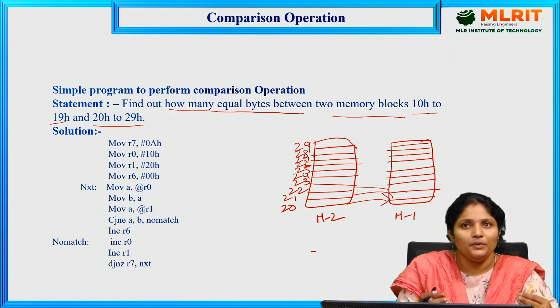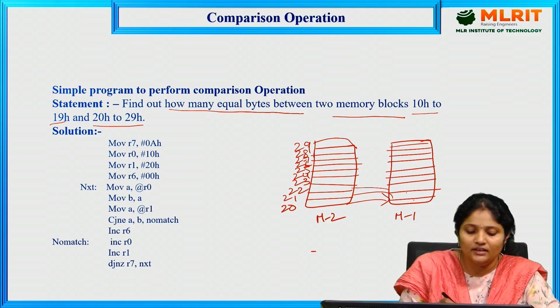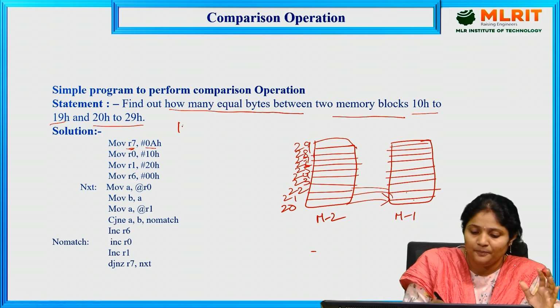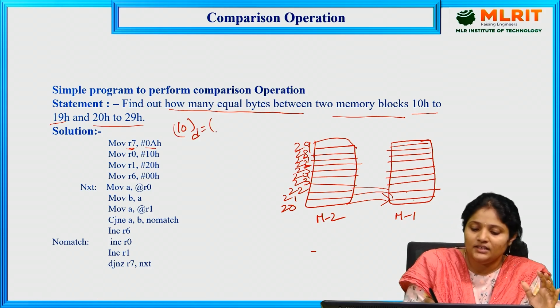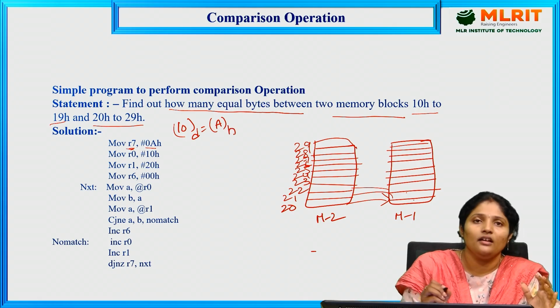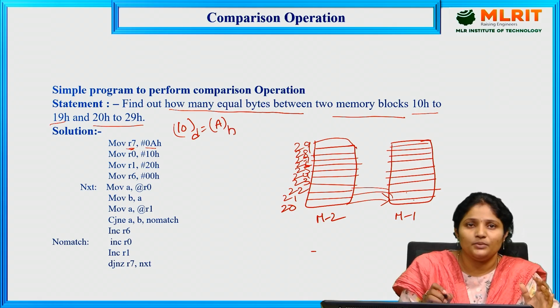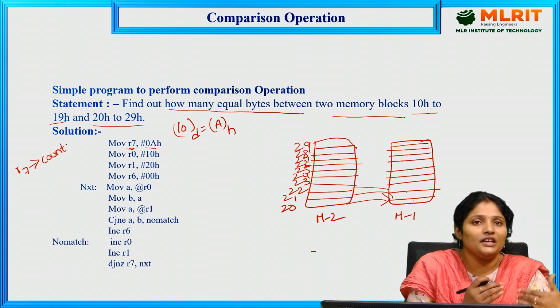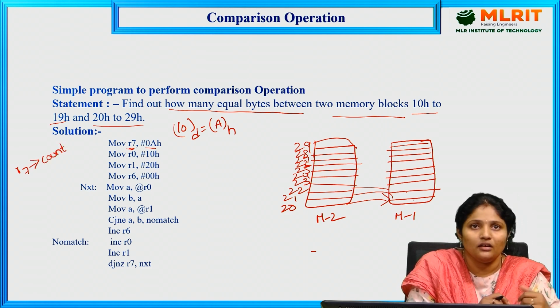We need to keep it in a loop that executes 10 times. That's why I'm taking the count in R7 as 10 decimal, which is equivalent to A in hexadecimal. R7 is used to keep the count of how many times the loop needs to be executed.